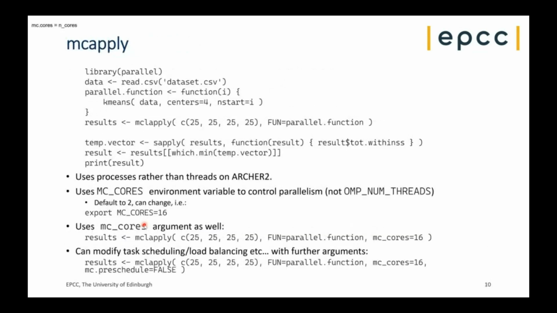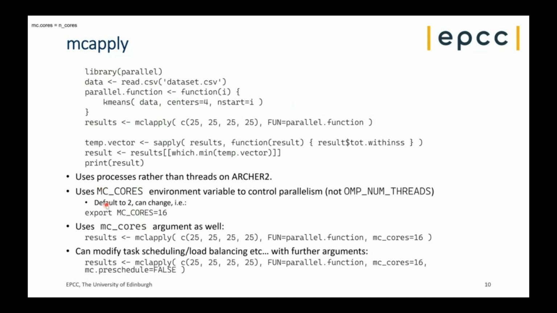And then there are extensions to this. So there's multi-core apply, mclapply, which lets you parallelize across processes rather than threads on ARCHER2. So here we now need to import this parallel library, and then we can just use mclapply as we had before and do exactly the same thing.